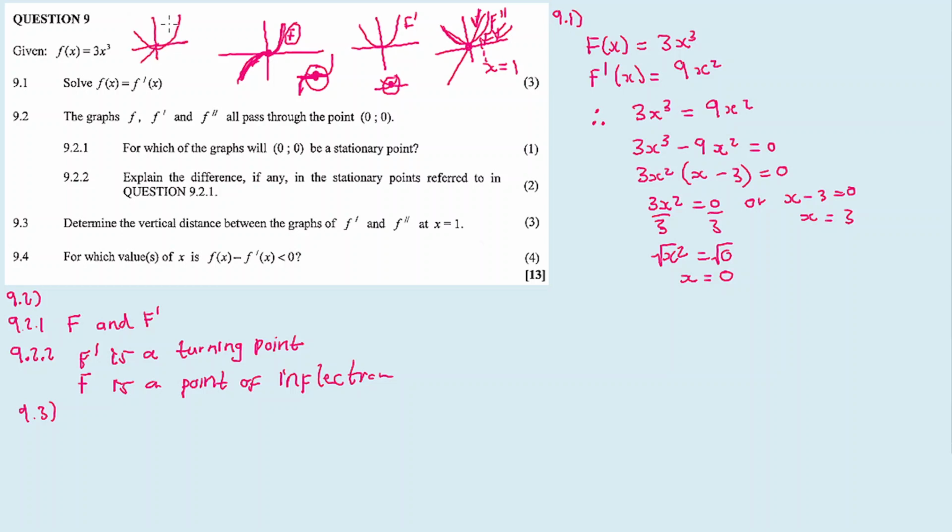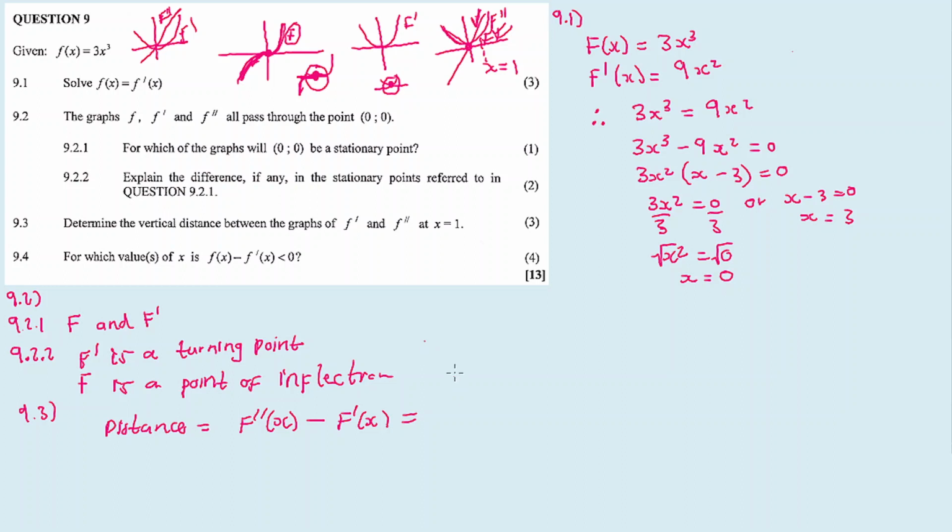So the vertical distance is equal to f double prime minus f prime.